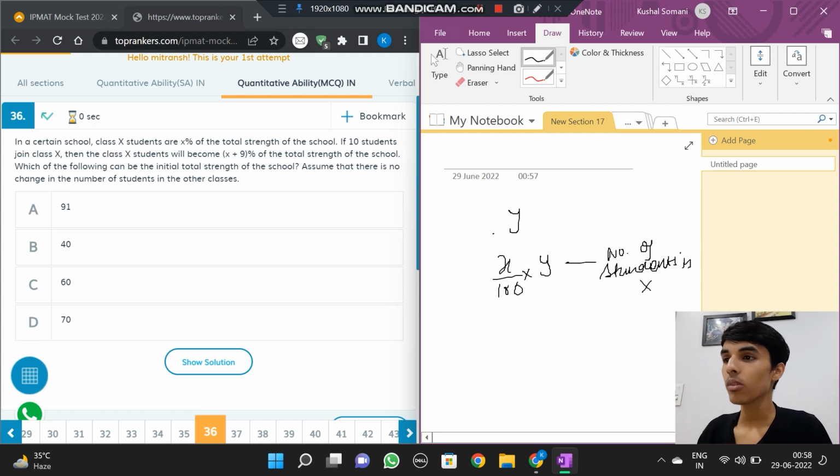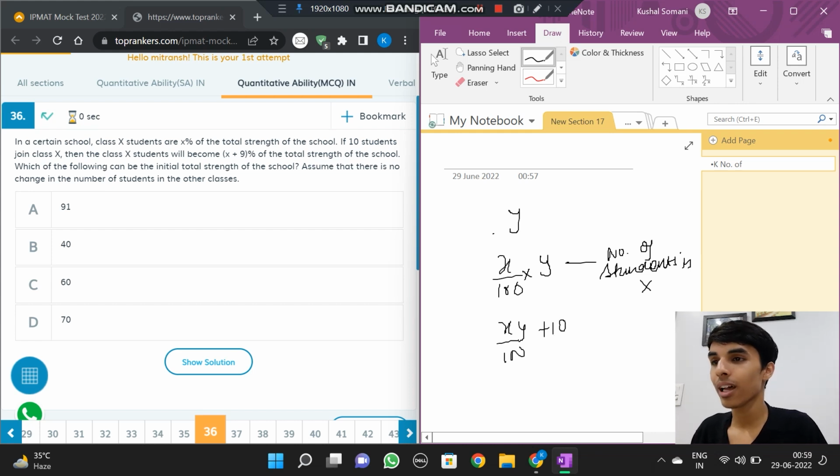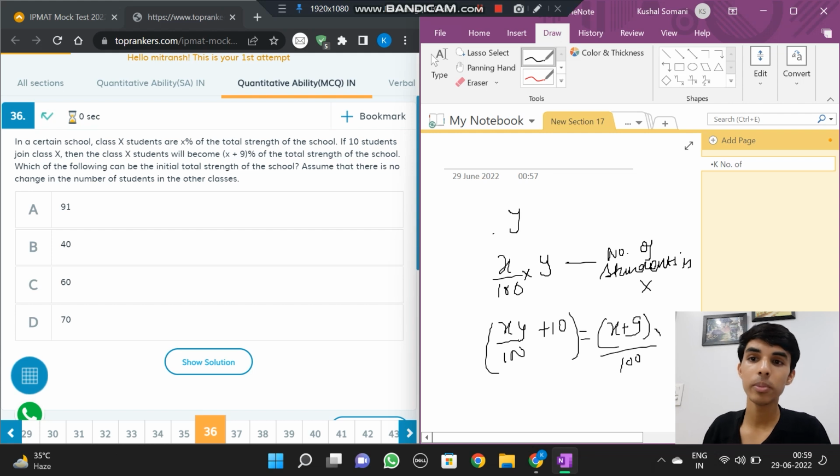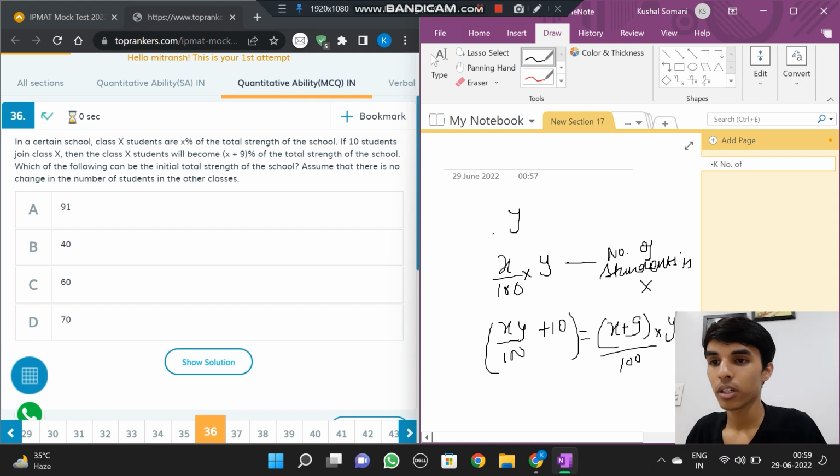So, if 10 students join class X, which means xy by 100 plus 10, then the class X students will become x plus 9% of the total strength, that is x plus 9 upon 100 of the total strength. The new total strength will be y plus 10, because the total students of the school will also increase by 10. And then we can solve this equation a little bit further.